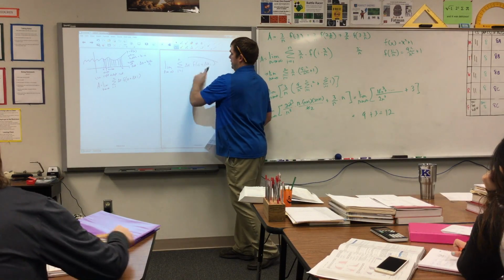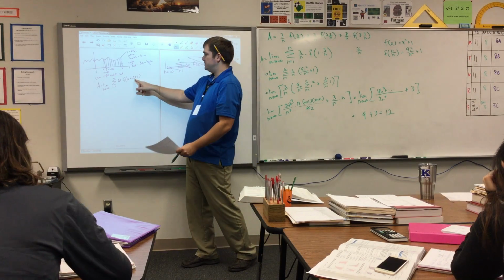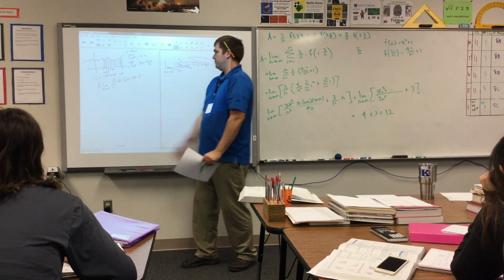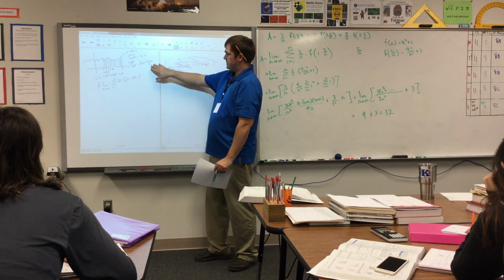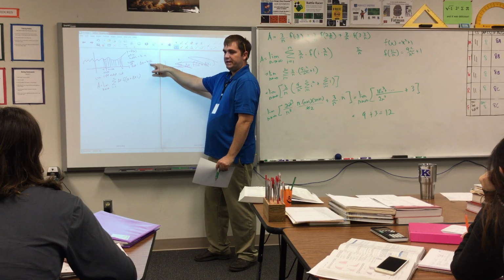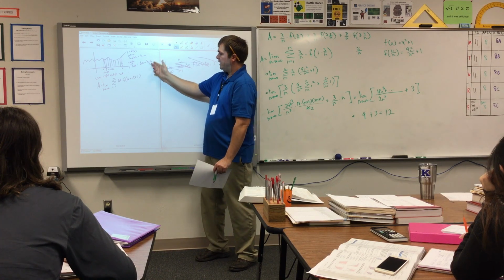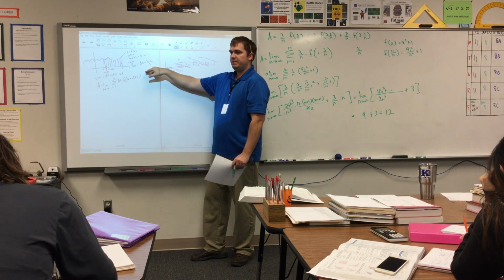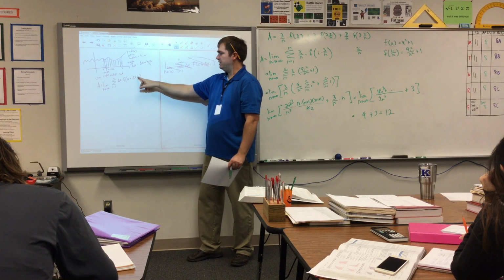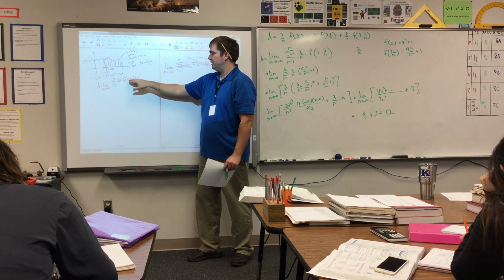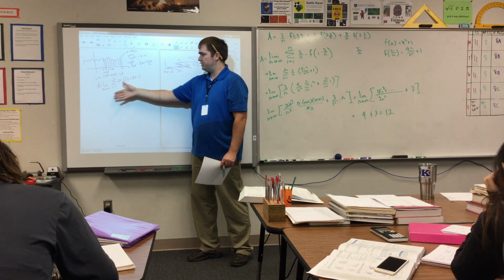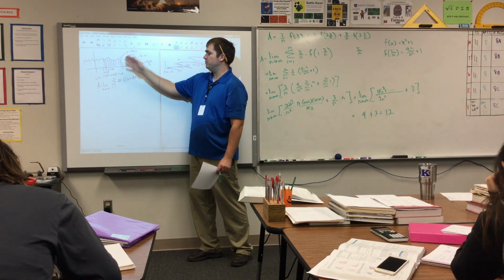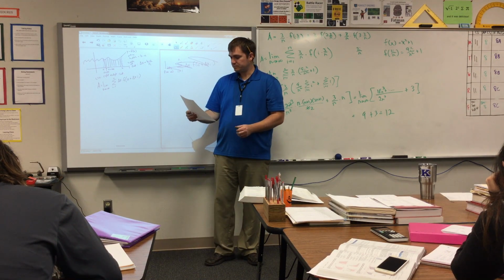So don't even bother writing that down. This is the better formula. And obviously remember that delta x is b minus a over n. So it really helps if you figure out what b minus a over n is. Then you can evaluate that inside the function, and then you've got the whole thing set up and you can plug it in. Okay?